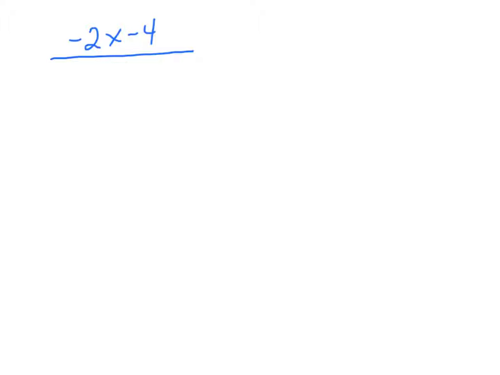So what happens if you multiply two negative numbers together? For instance, negative 2 times negative 4. We can use patterns once again to see what this answer is. We just got done saying that negative 2 times 3 is equal to a negative 6.